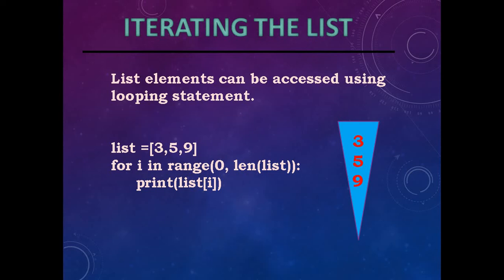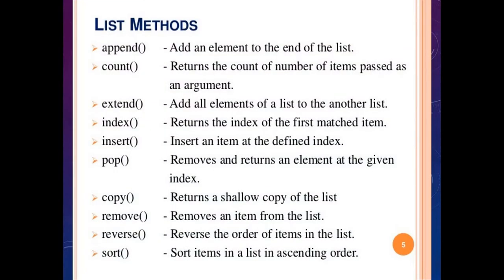Okay, fine. Move on to the next one, the list methods. We have various methods in the list, like append, count, extend, index, insert, pop, copy, remove, reverse, sort. Append means the element will be added at the end. Count will count the number of occurrences of the item passed as argument. If you send the number 3, how many 3s are present in the given list?